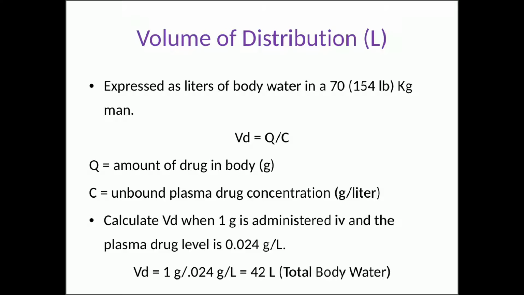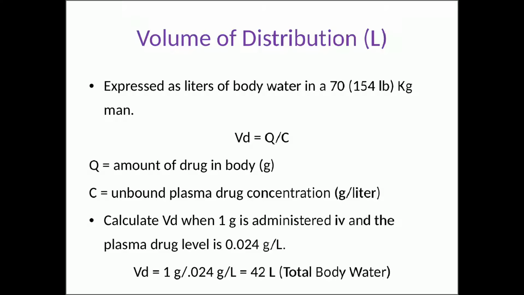In that person the volume of distribution is equal to Q by C. What is Q? Q is the amount of drug in the body. Capital C is the unbound plasma drug concentration, which can be expressed in terms of gram per liter.